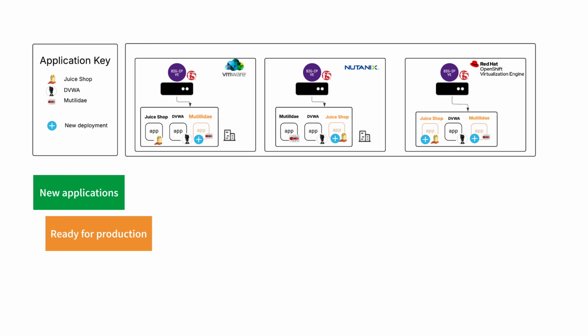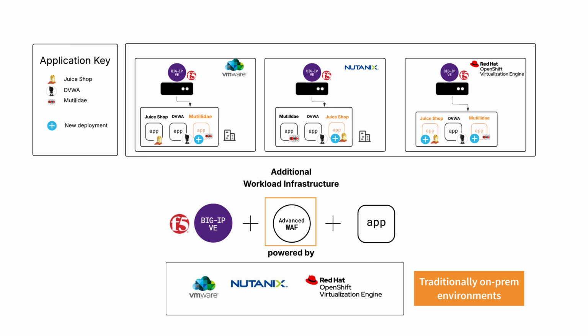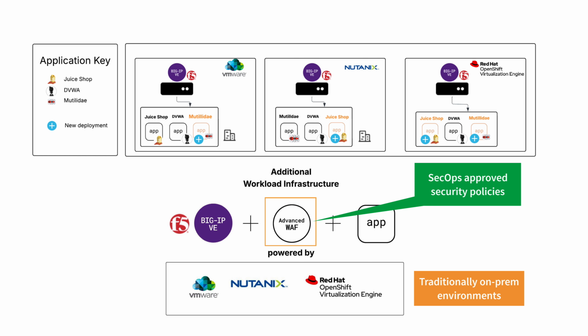The app owners have just replicated them, and now all that's needed is to configure the BIG-IP on each to deliver and secure them. Lastly, we'll attach an existing web application firewall policy already approved by the SecOps team and installed on the BIG-IPs to uniformly secure each in the new locations.